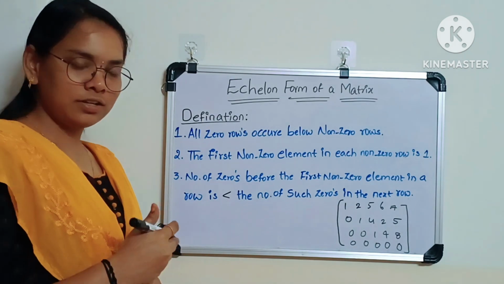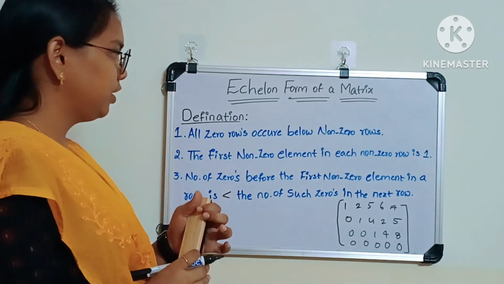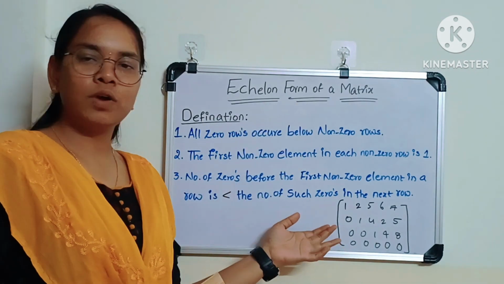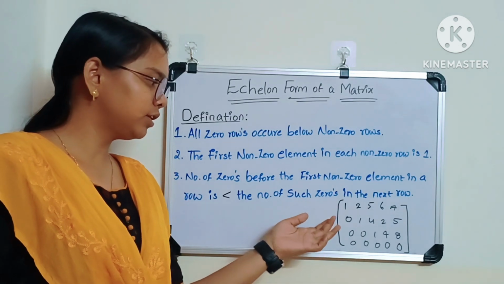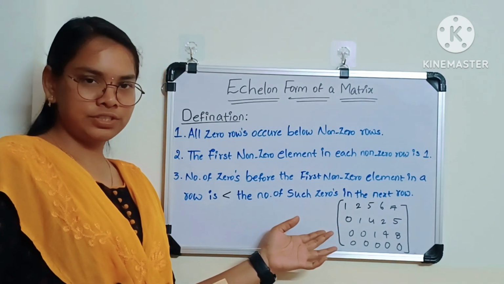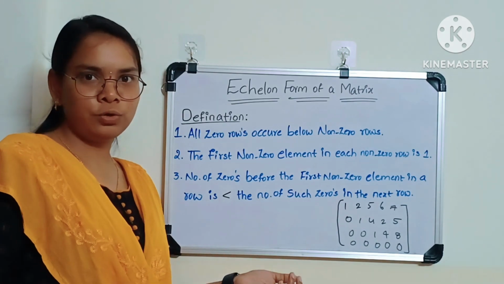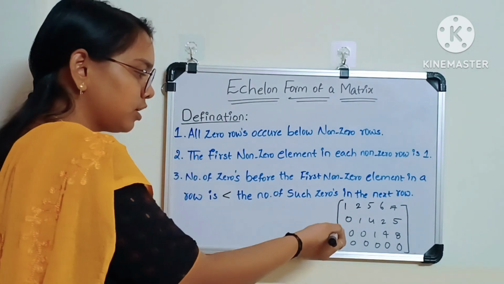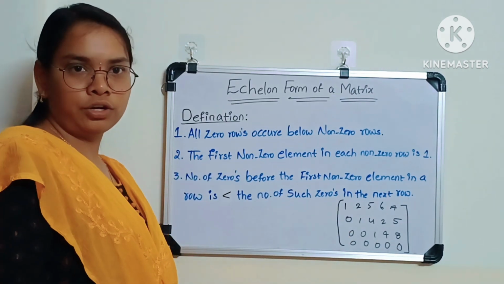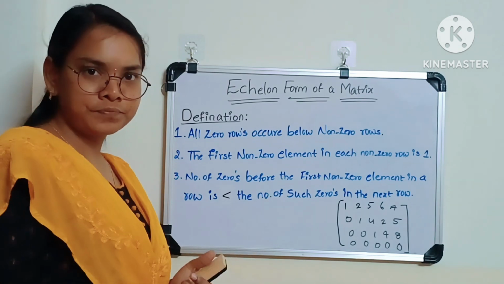I have written one matrix and I am saying it is an example of echelon form, but we don't know whether it really is an echelon matrix or not, because I have written it randomly.